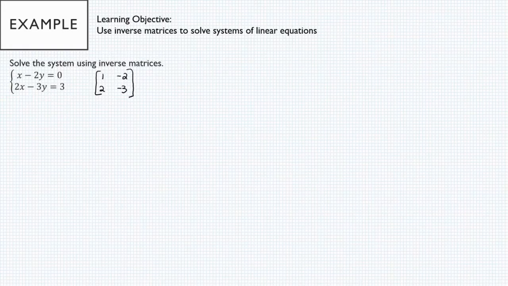Then what we call the X matrix is the variables, X and Y. Usually when we work with matrices, we use X1 and X2 because it's an X matrix, but our system here was X and Y, so we use X and Y. And then what it's equal to, 0 and 3, is our B matrix. So this gives us AX equals B.